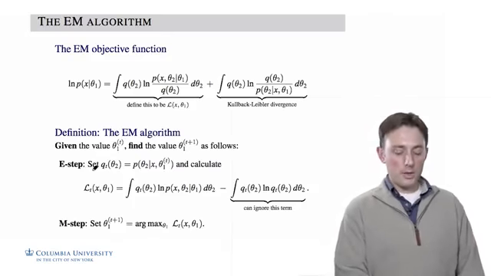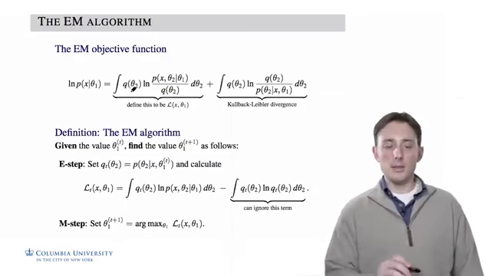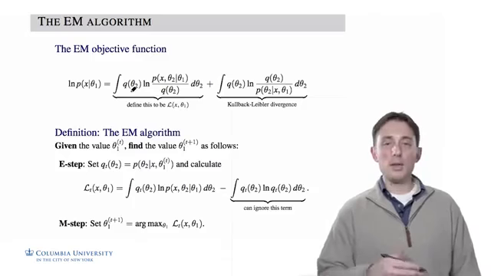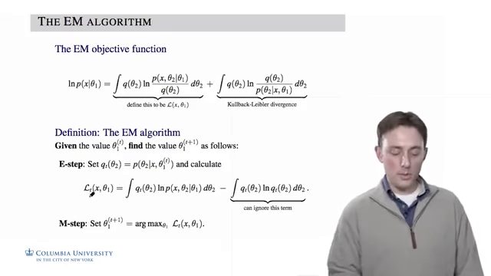Then the second part is to calculate this term using that exact Q distribution that we updated for the iteration. So we calculate L, and I'll put a subscript t here in order to indicate what the Q distribution is that we use, which is equal to this integral.